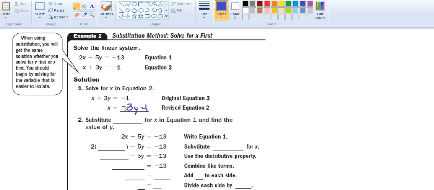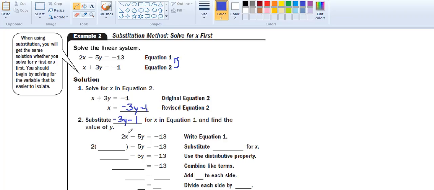Now, we're saying x equals negative 3y minus 1. So we're going to take that negative 3y minus 1 for x, and we're going to use that up in equation 1. Okay, here we go.